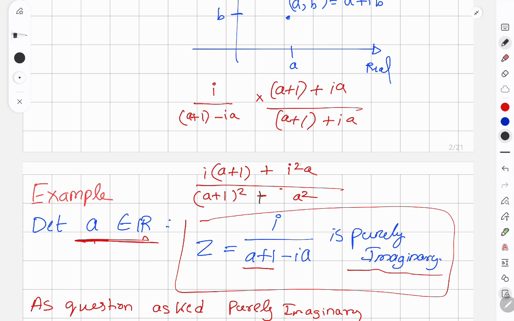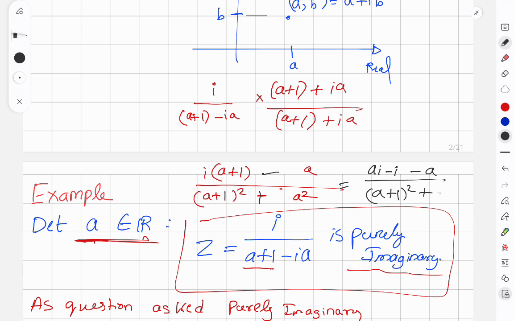Here also I can remove this one and put a negative sign. Then let's simplify it more, so I get ai minus i minus a divided by (a plus 1) square plus a square. Let's not open it, keep it like that. I guess it might be more helpful. Then you can separate the real part and imaginary part. It's a square, right?